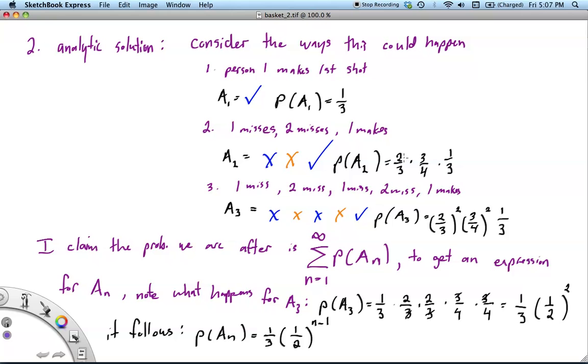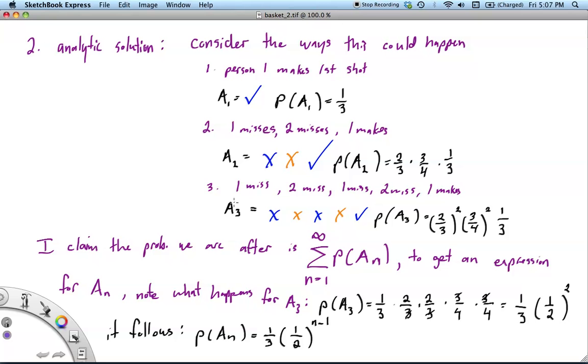This 2/3 represents person 1 missing their first shot, and then person 2 had to miss their shot, which is 1 minus the probability of their making their shot, 1/4. So we've got 2/3 times 3/4. And then the last thing that has to happen in this series of events is person 1 would have to make their shot, which happens with 1/3 probability.